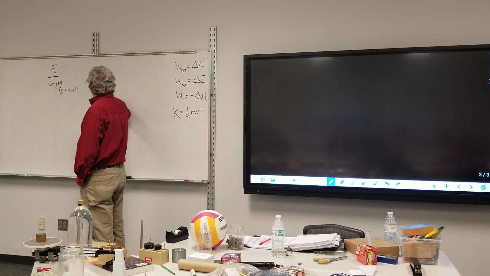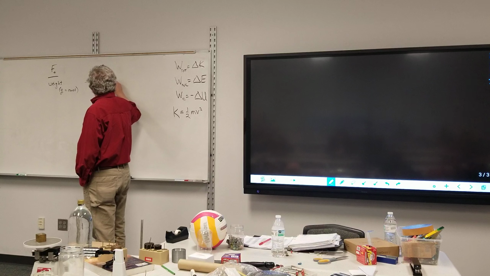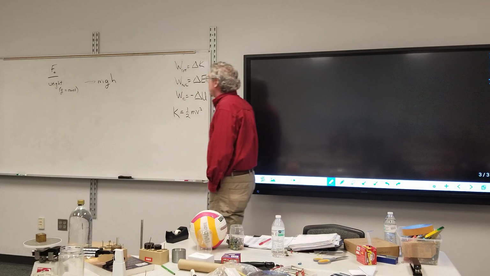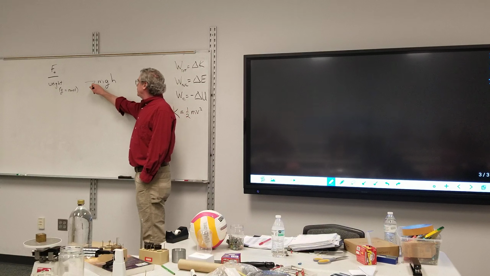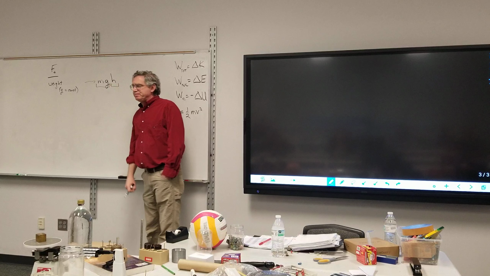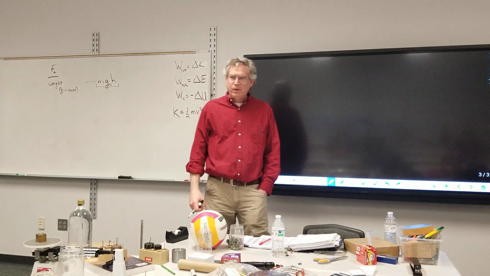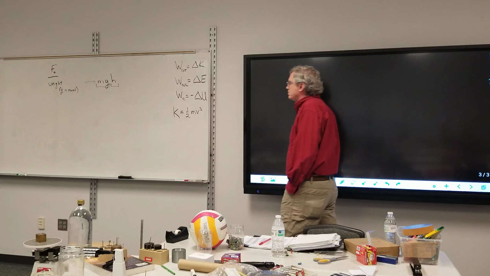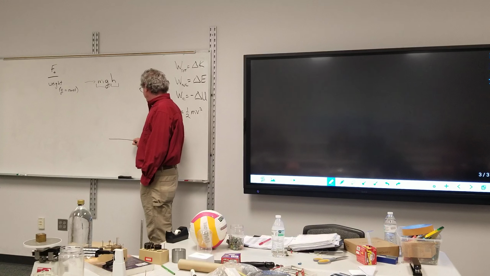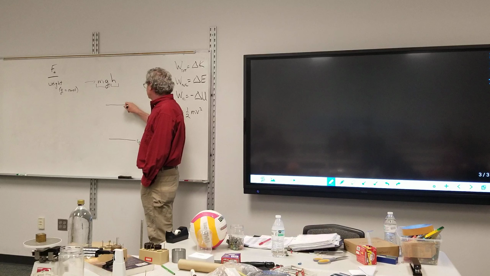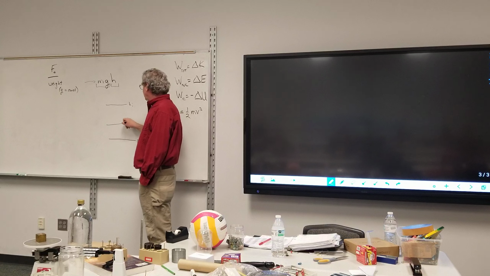The formula is mgh. If you recall that work is force times a displacement, well, there's the force and there's the displacement. So if I've got the ground here, and let's say initial height, final height.